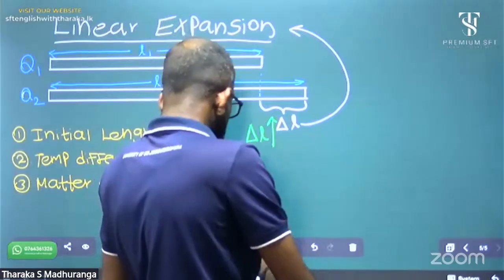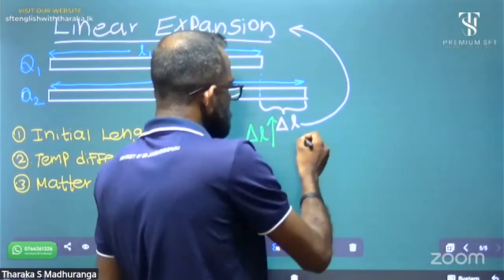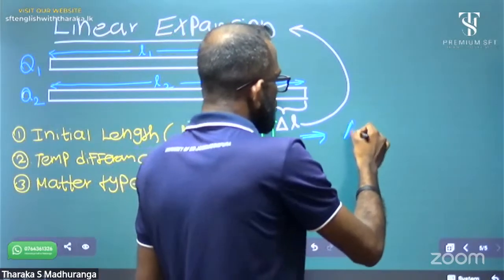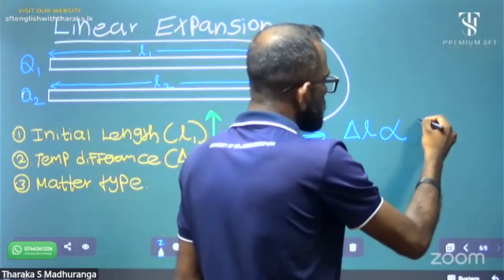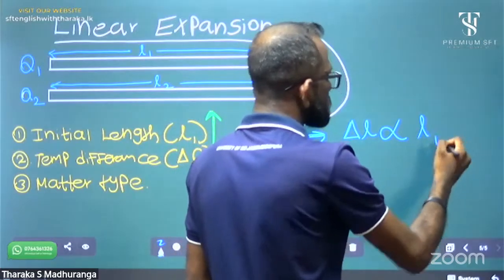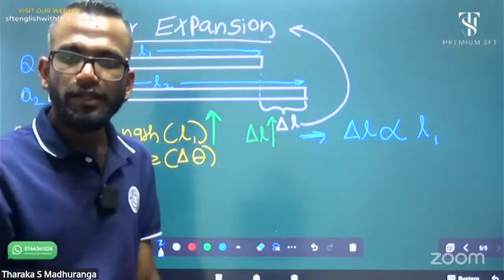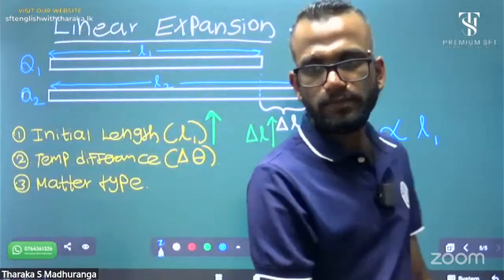Both increasing, that we call directly proportional. Delta L is directly proportional to L1.